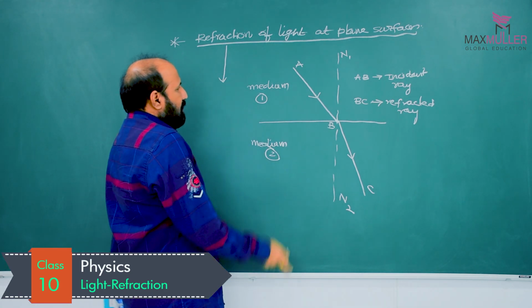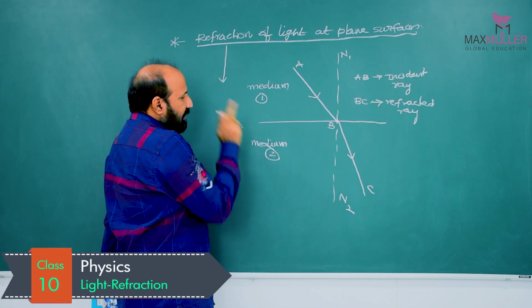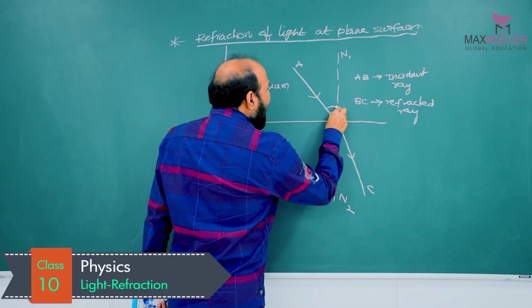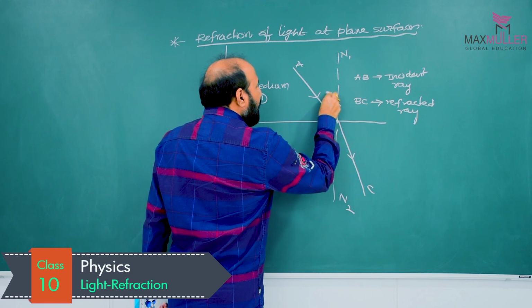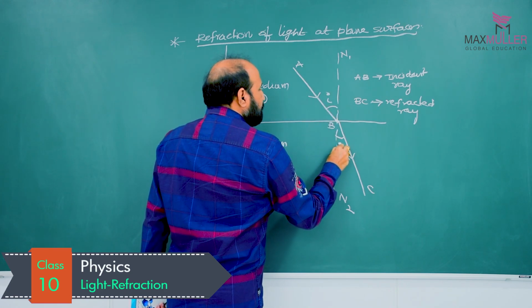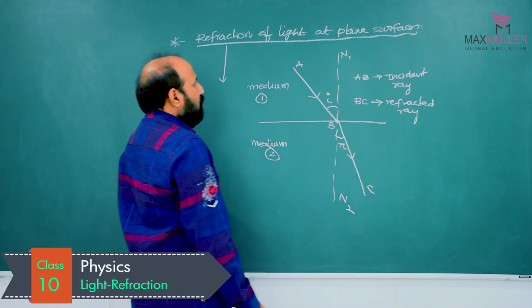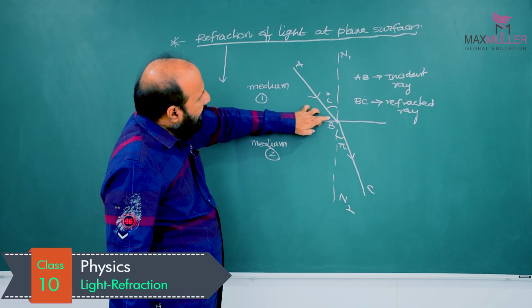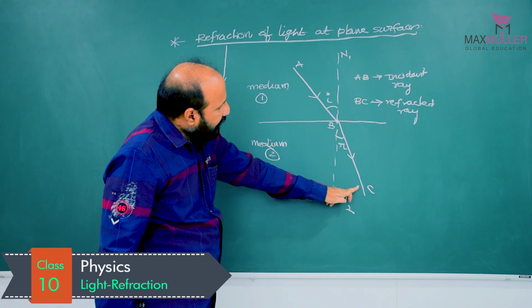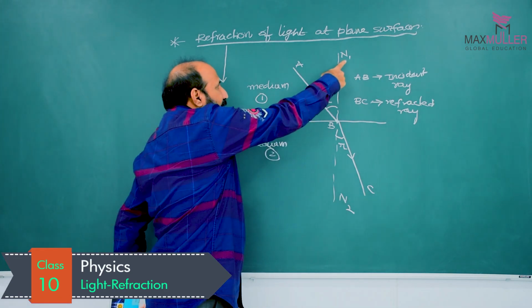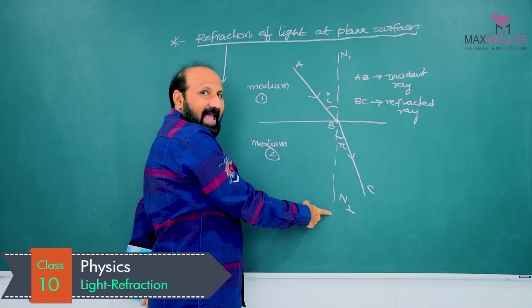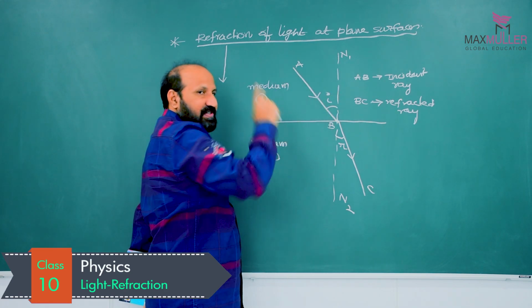Now this is medium 1, this is medium 2. Here always the angles are being measured with normal. Now here in this case AB is incident ray and BC is refracted ray, and N1 N2 is the normal drawn at the point of incidence.